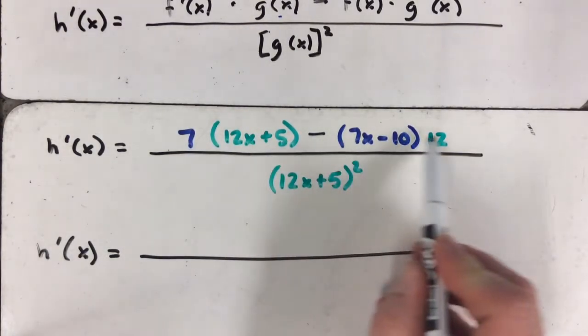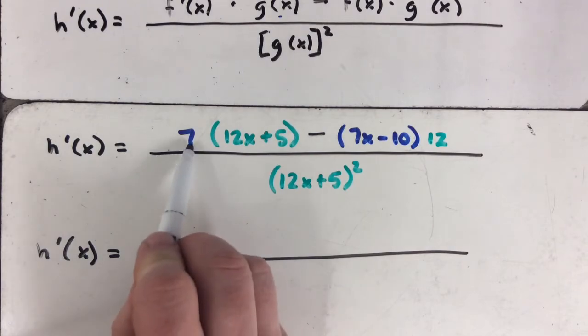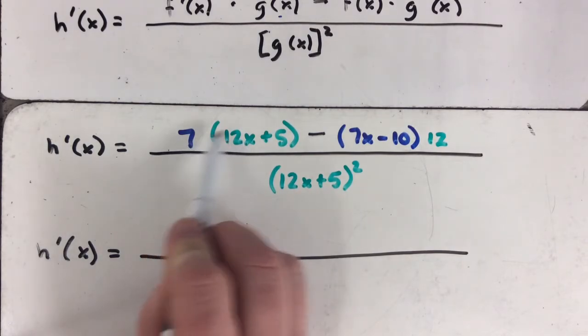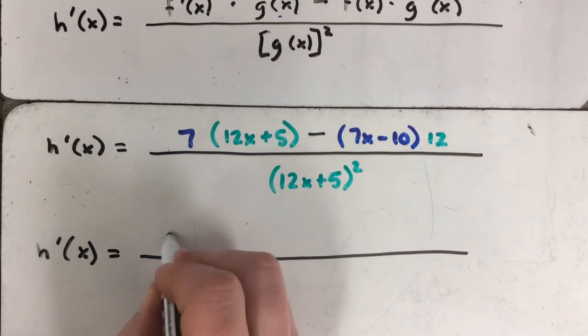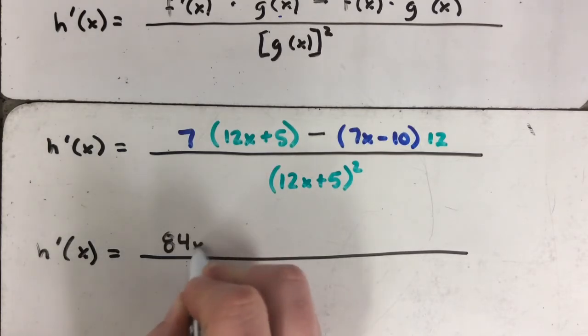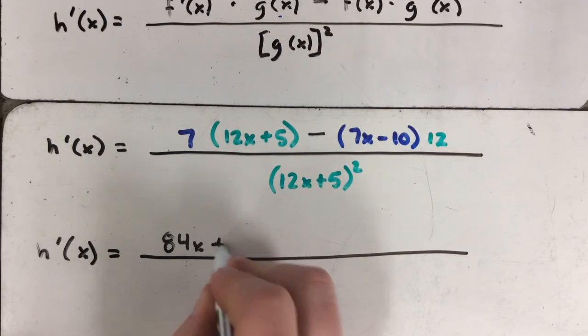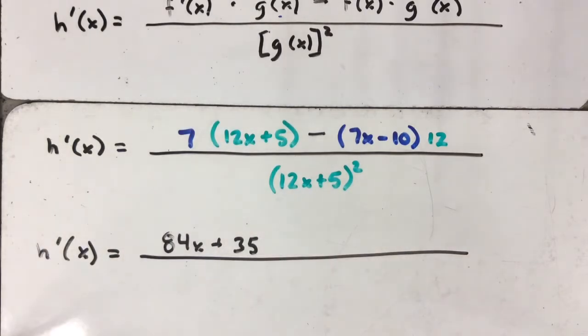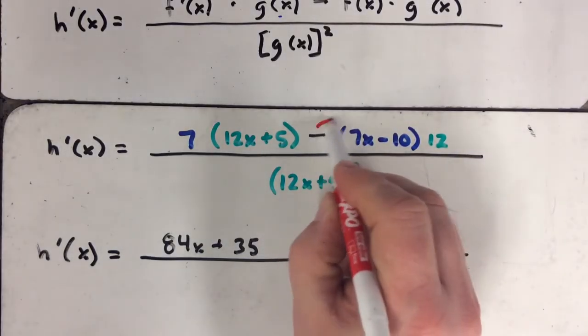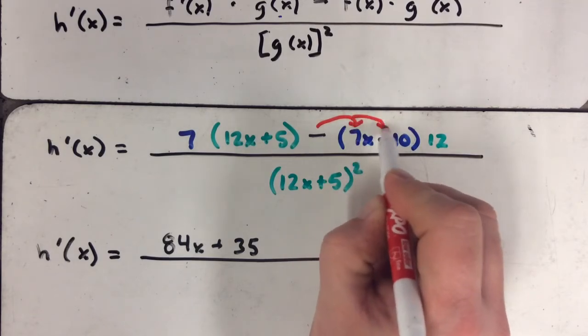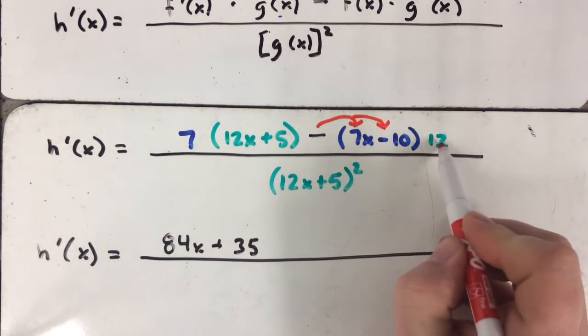We want to get rid of the parentheses here in the top. To start with, to get rid of these green ones, I'm going to distribute the 7 in. 7 times 12 is 84, so we'd have an 84x. And 7 times 5 is 35. And then here, I'm going to want to not only distribute the 12 in, but also the subtraction. So this subtraction needs to get distributed to both of those terms, but so does the 12.